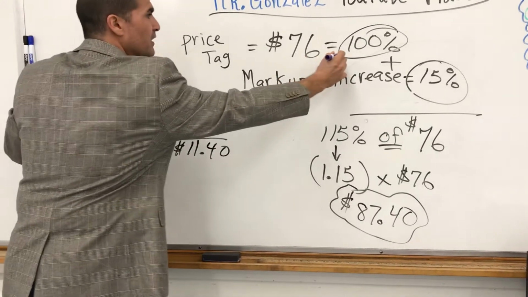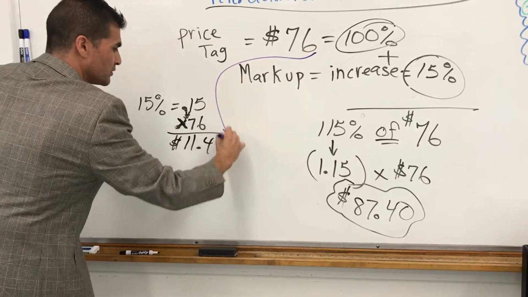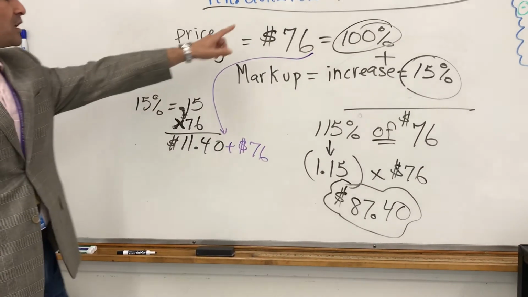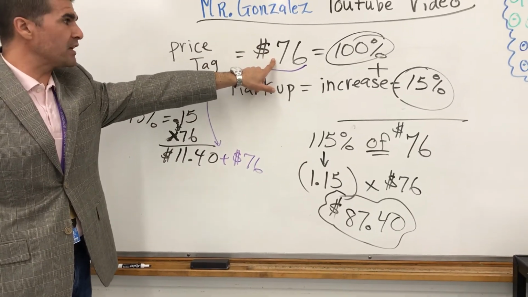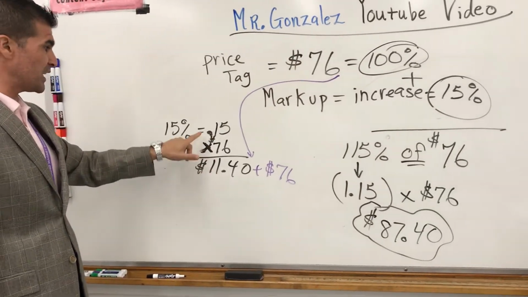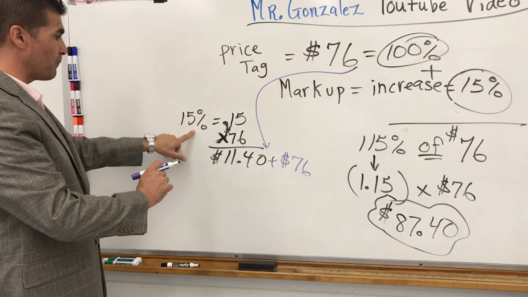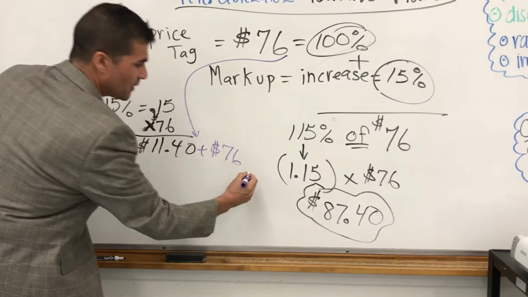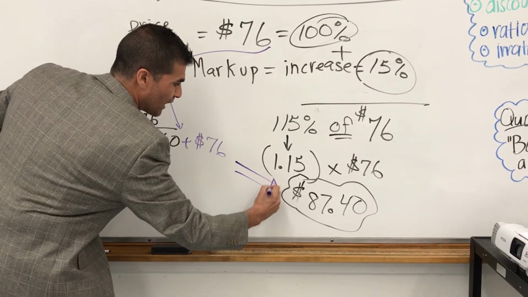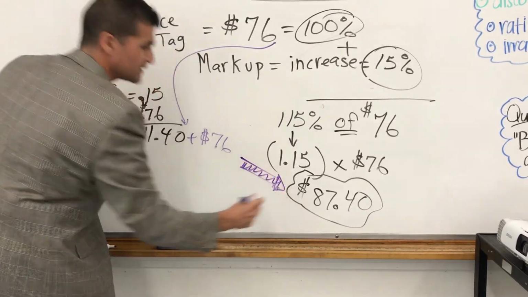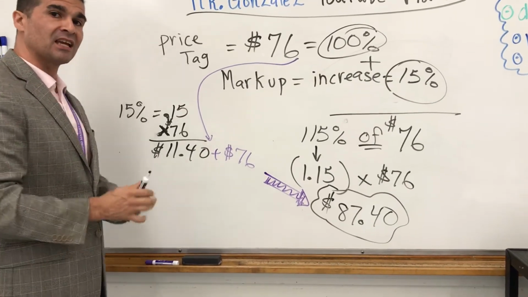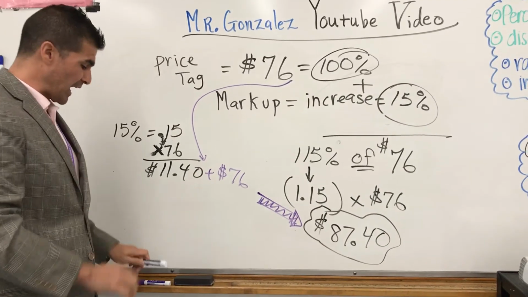Now you have to take the $76 and you have to add it back. See, because if this was the old price and this is how much money was increased by marking it up 15%, this needs to be added back. But guess what you're going to get back when you add that? You're going to get exactly $87.40. And that's what we've been practicing in class for the last week and a half.